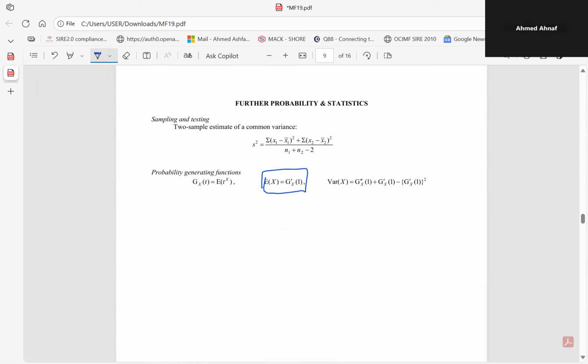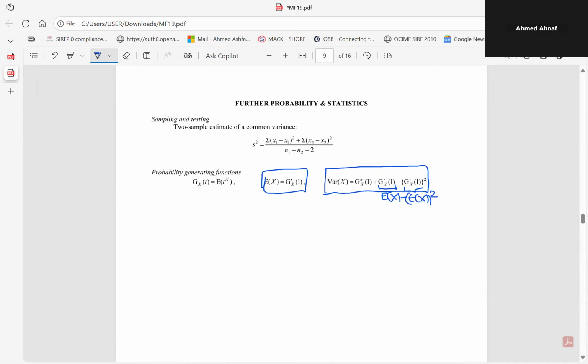The expectation of X is just the probability generating function differentiated, with t substituted with t equals 1. And for the variance, it's the second derivative of the PGF at t equals 1 plus the expectation minus the expectation squared.